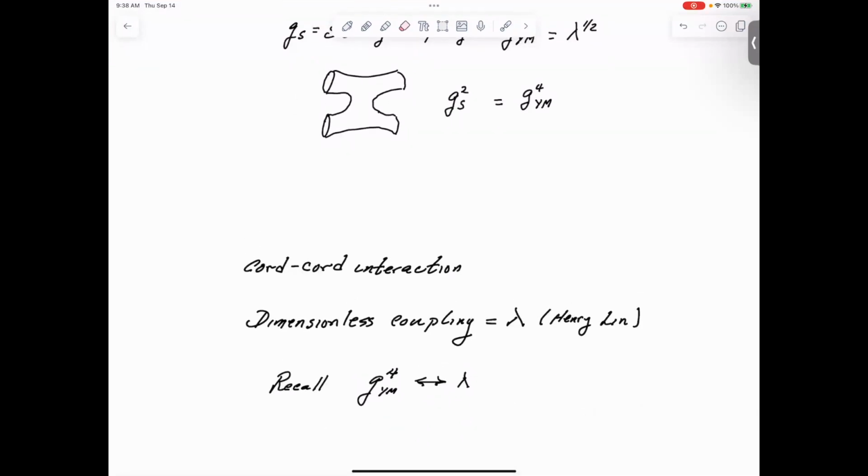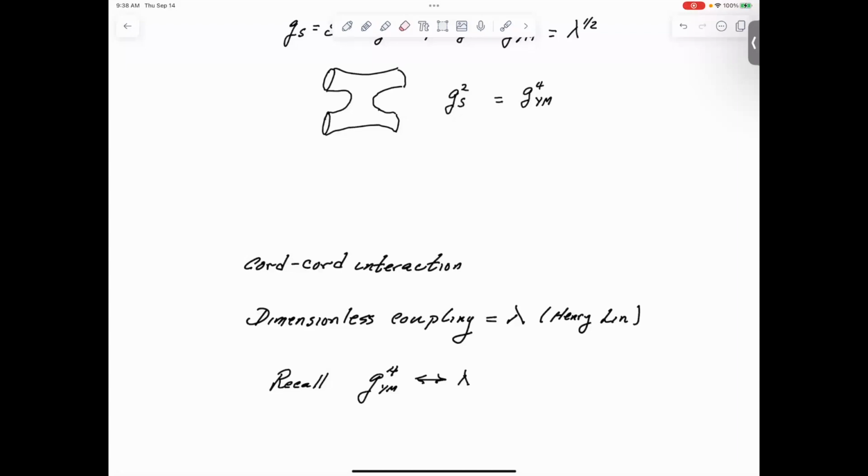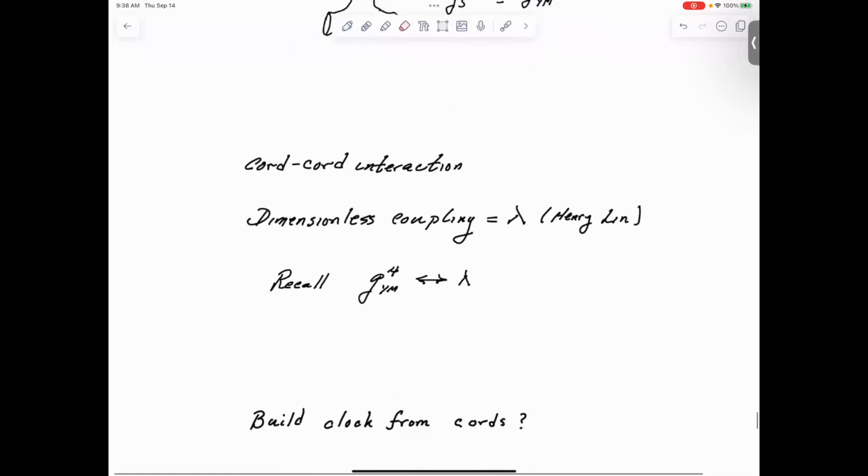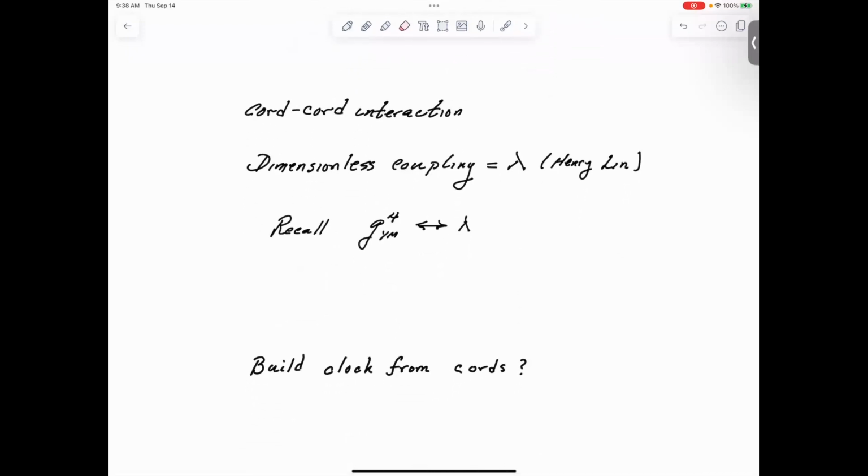So it does seem that there is a correspondence between chord interactions, the chord mass scale, and the string scale of the Yang-Mills theory. That's about all I think I know about chords at infinite temperature.